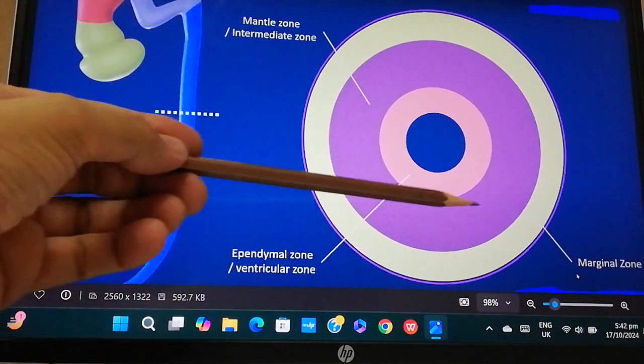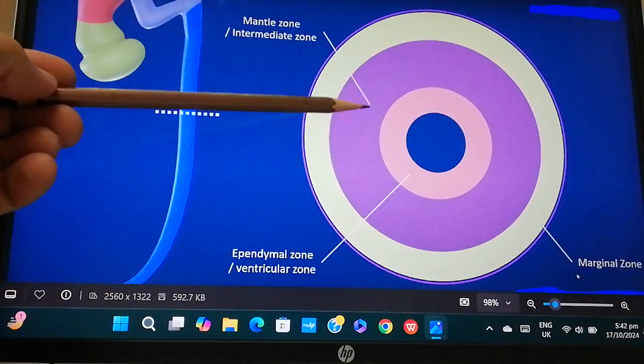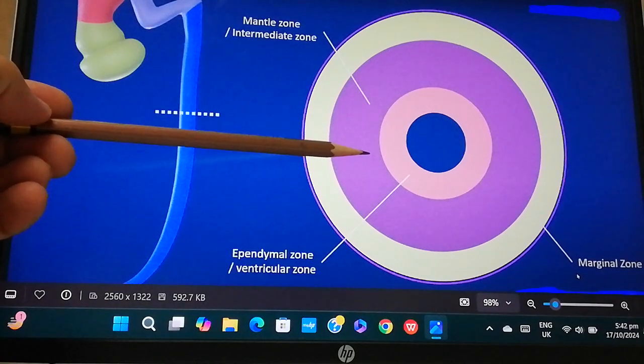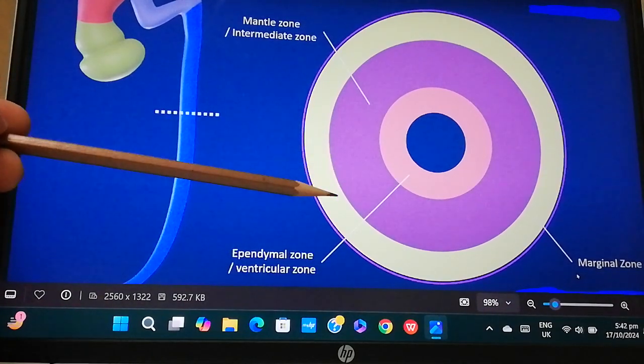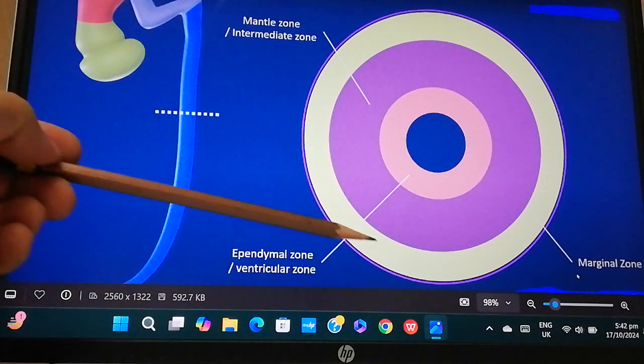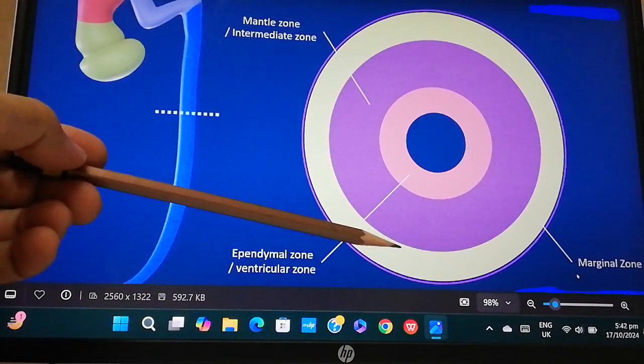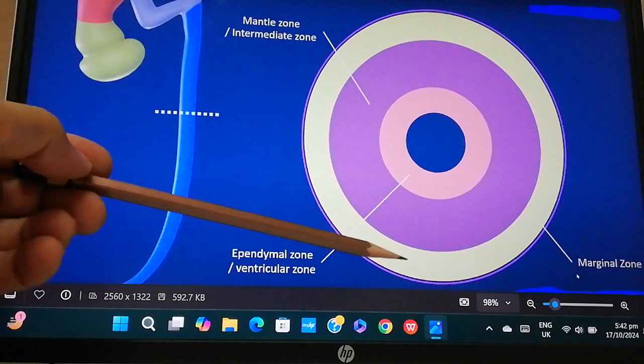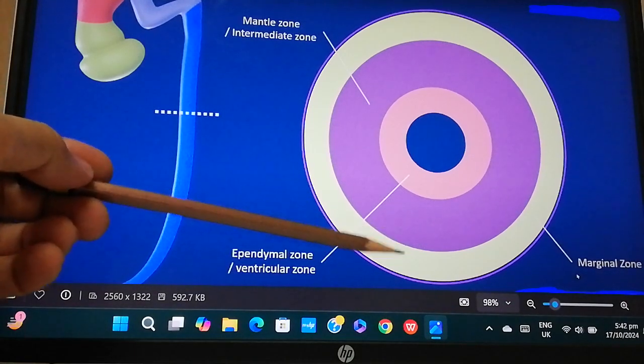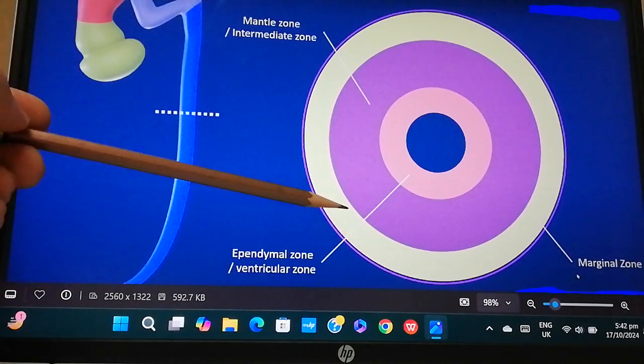So all the neurons are being collected here and a few neuroglia would be there and it will form the gray matter. And then on its margins there is another layer known as the marginal zone that will carry the neuroglia and all the axonal fibers of these neurons. So that forms the white matter.